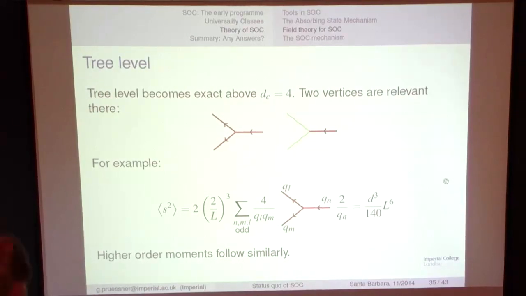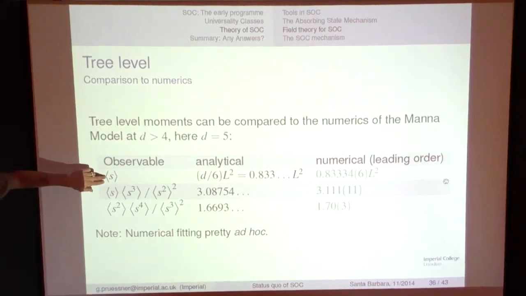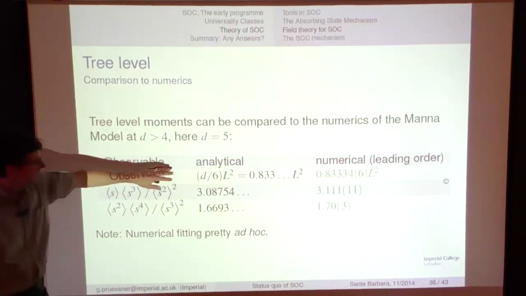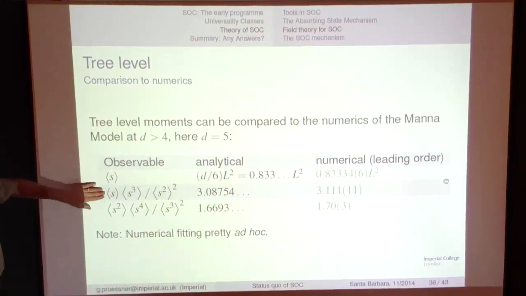And I've done that, and here's a comparison. Because there is no renormalization of the diffusion constant, this one here, the average avalanche size, comes out exactly, but this is not a big mystery or any kind of confirmation. But a universal amplitude ratio with the right boundary condition, that is much more interesting.